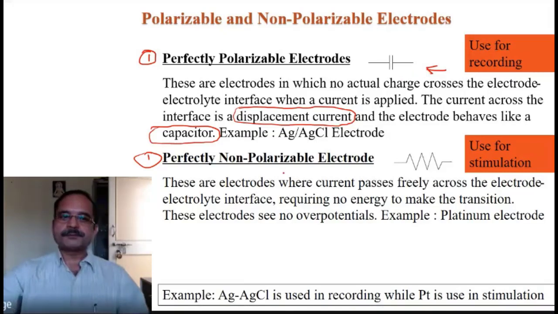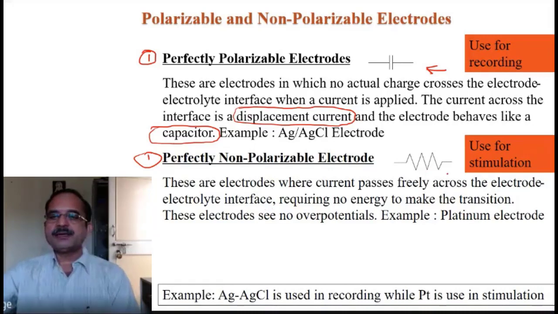Whereas in non-polarizable electrodes, the current passes freely across the electrolyte interface, and that's why it is represented in the form of a resistance. The example in this case is the platinum electrode as polarizable, and the non-polarizable electrode is silver chloride.